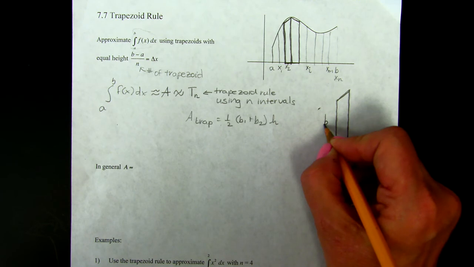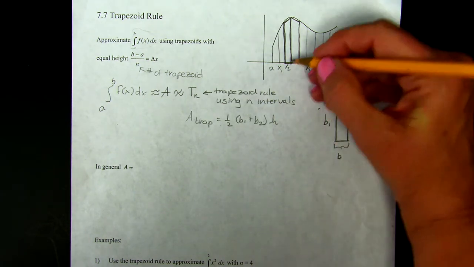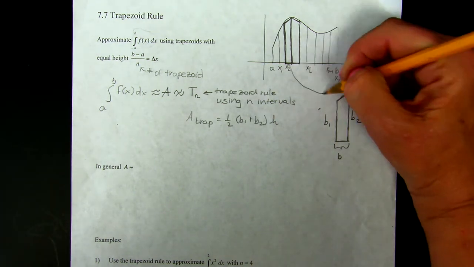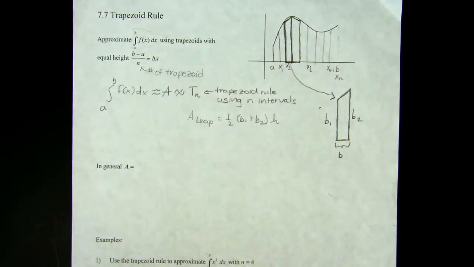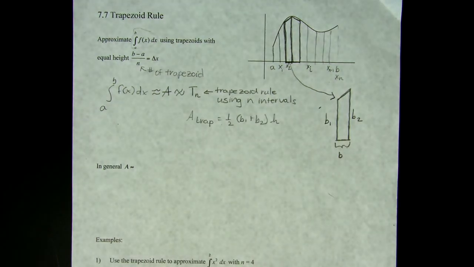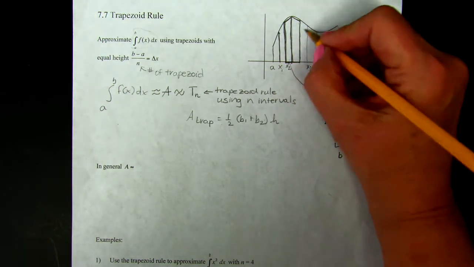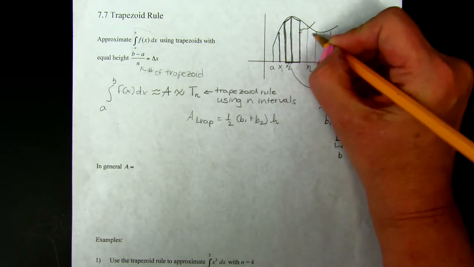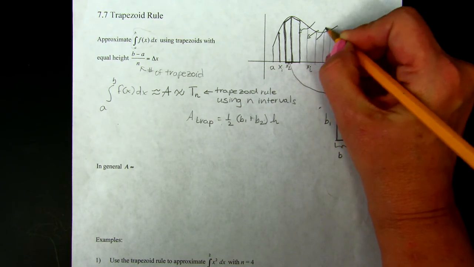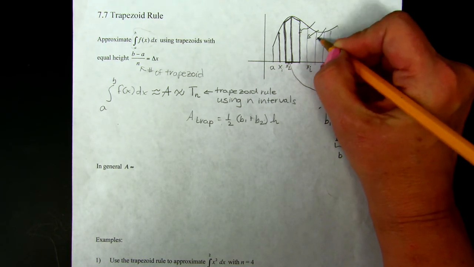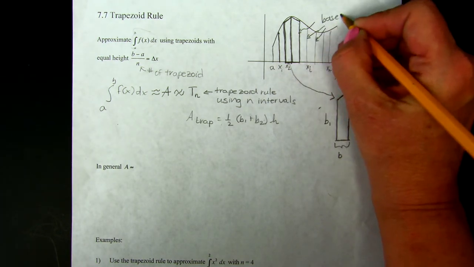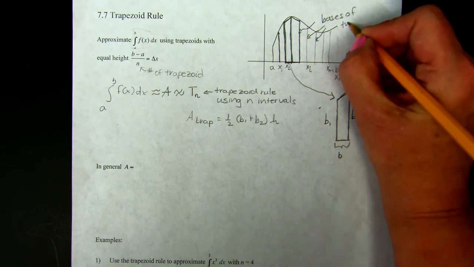So that's going to be base 1 and that's going to be base 2 in this trapezoid right here. So all these pieces right here represent the bases of the trapezoids.